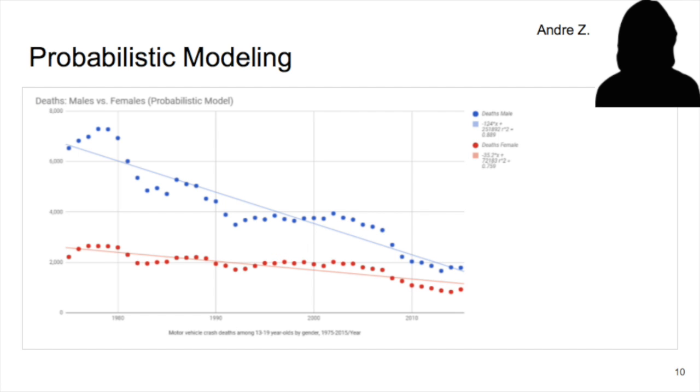All right, probabilistic modeling. For probabilistic modeling, like I said, we use males and females. We plotted out the points from the year 1975 to 2015, and these account for mortality rates. For males, we took the trend line and made an equation, and as you can see on the right side in the legend, you can see the equation for each one.